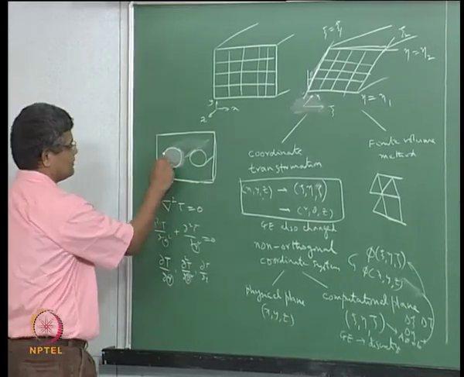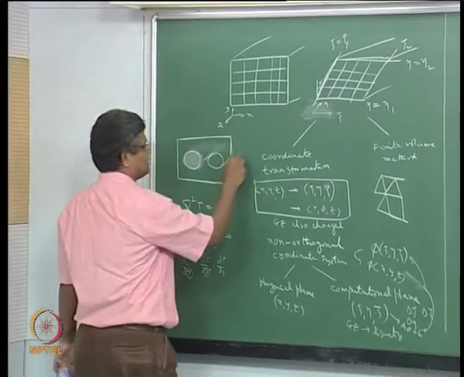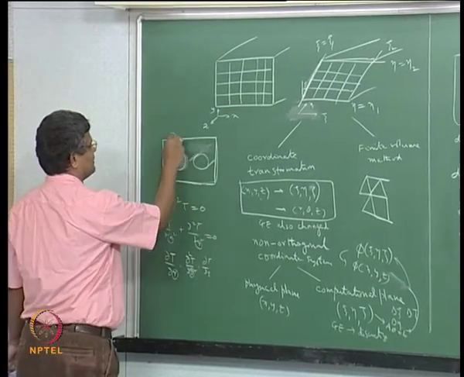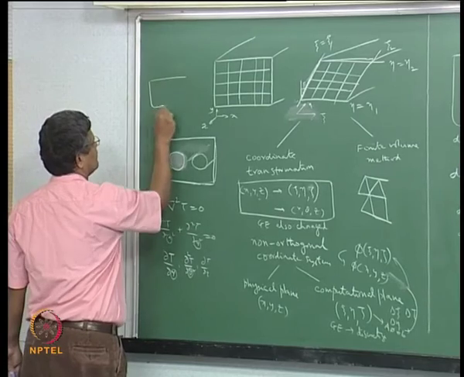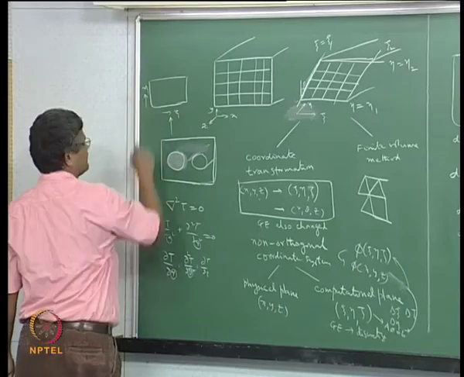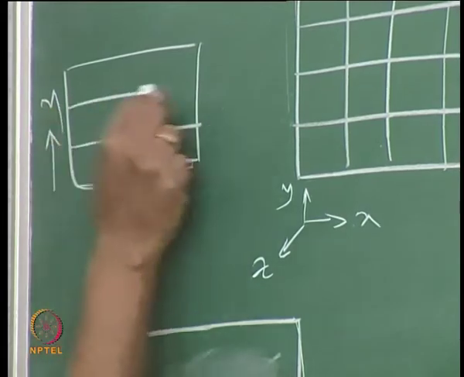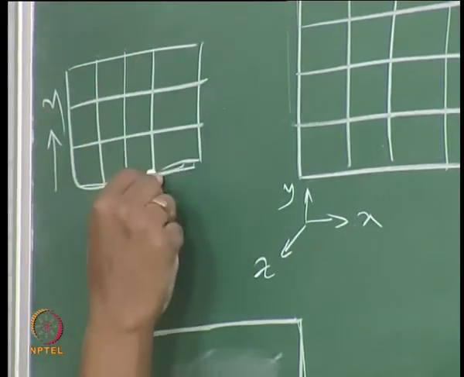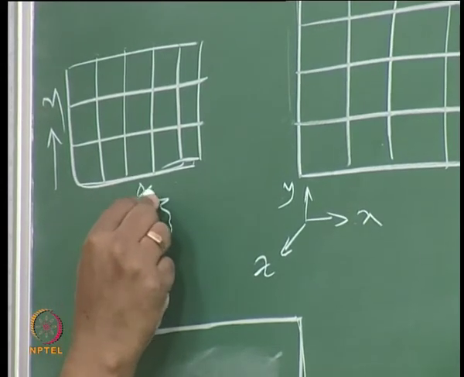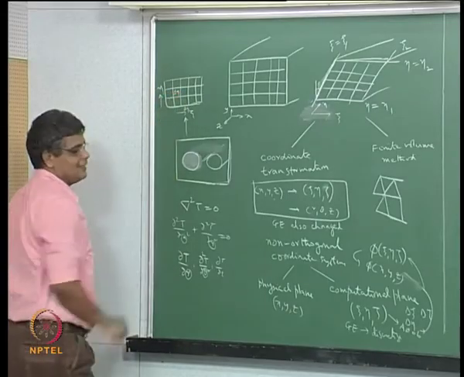So a geometry which is described in this physical plane like this can be transformed into a corresponding computational plane description, in which we have, for example, psi here and eta here, and in this computational plane we have grid lines which are straight and easy and described in terms of constant delta psi and constant delta eta, like this.